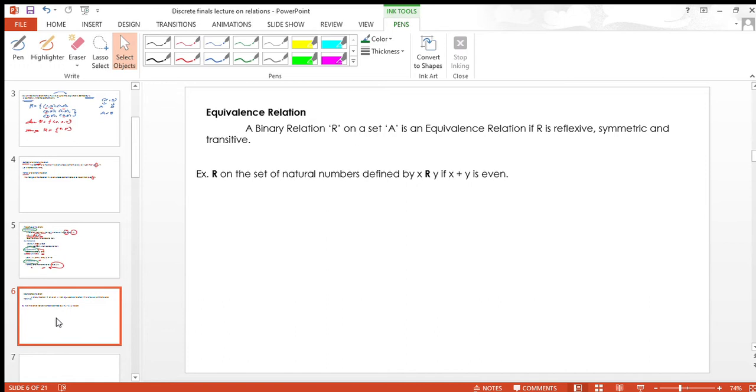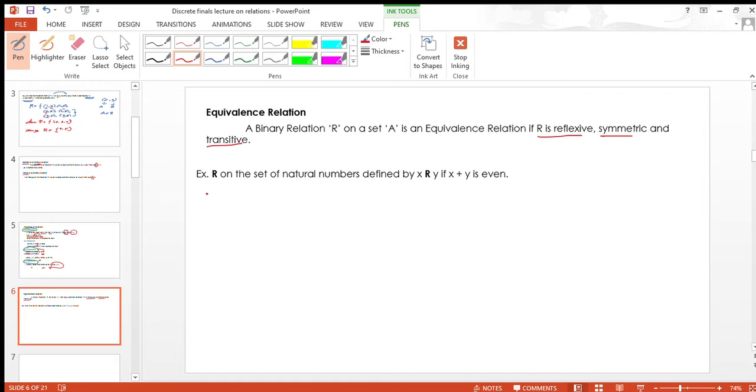And according to this definition, a binary relation R on set A is an equivalence relation if R is reflexive, symmetric, and transitive. So here we will now give examples of our properties.